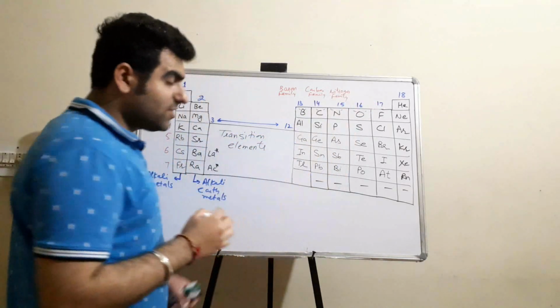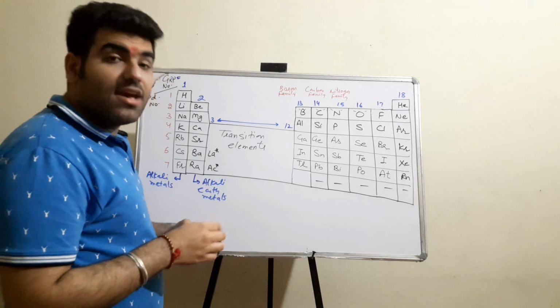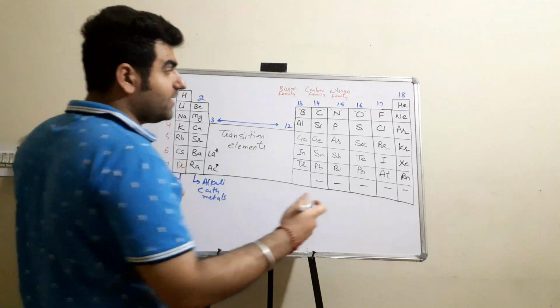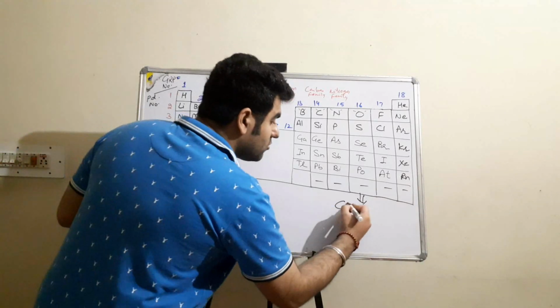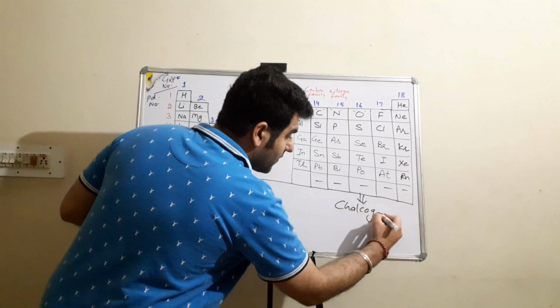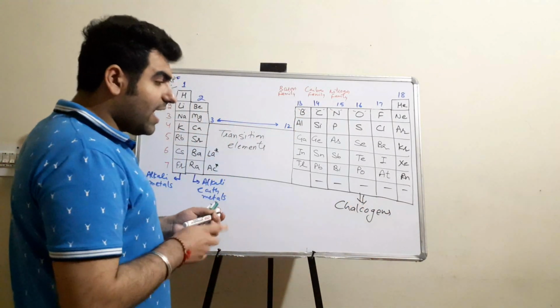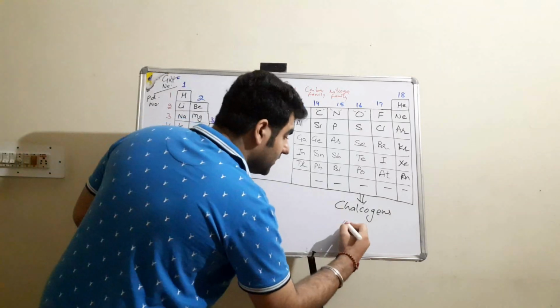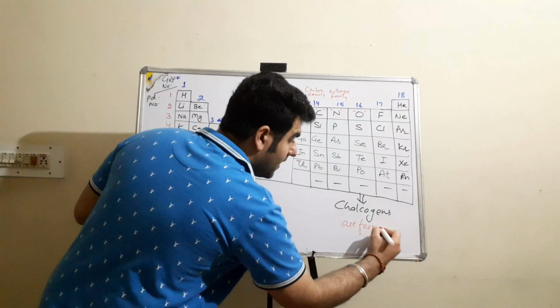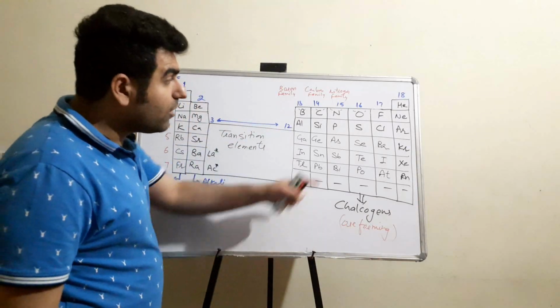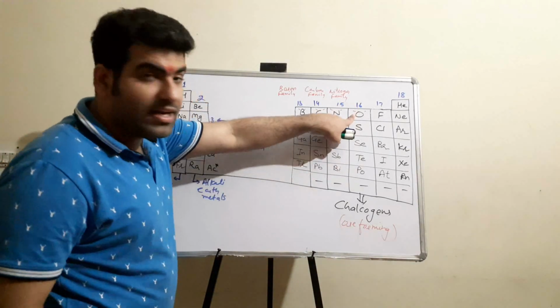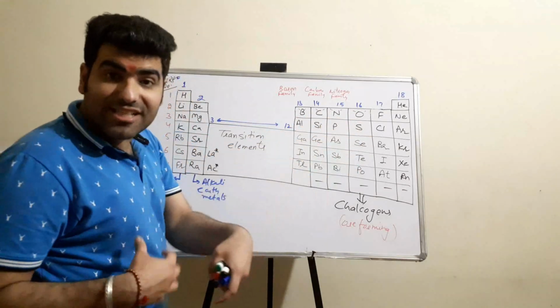Group 16 is known as oxygen family, but here is one important thing, that group number 16 is also known as chalcogens. Chalcogens are ore forming. It means whenever we see an ore, the ore will be present as its oxides or its sulfides.